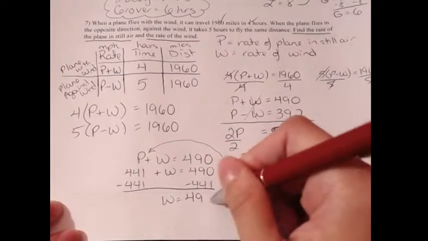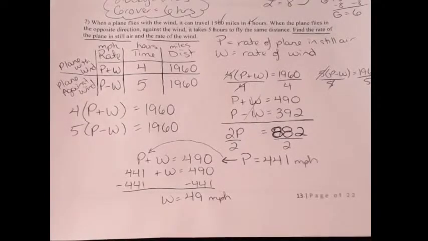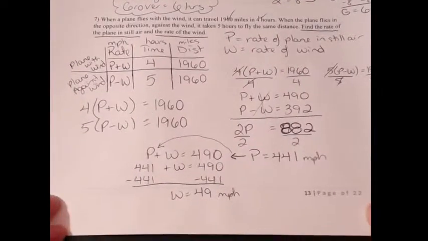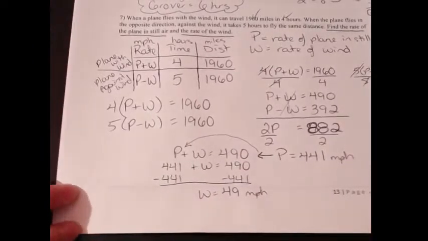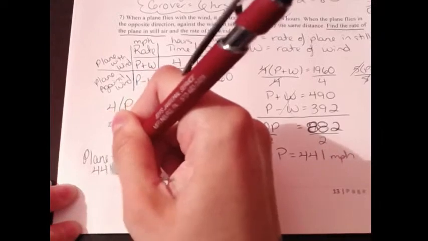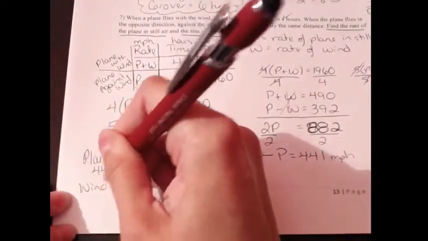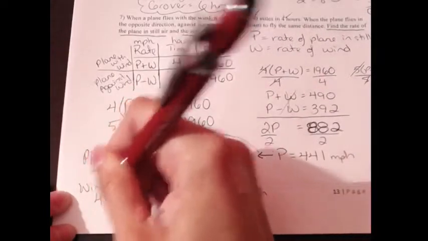Yes, Hannah, perfect. The wind is 49 miles per hour. And we'll go ahead and write that out. So we're going to write plane equals 441 miles per hour. And the wind is 49 miles per hour.